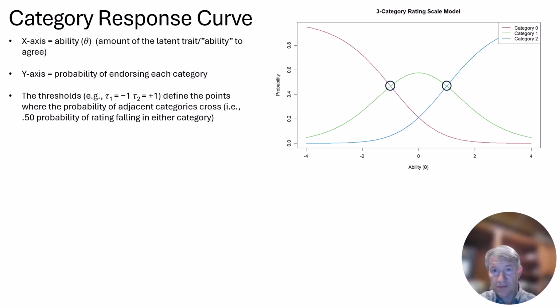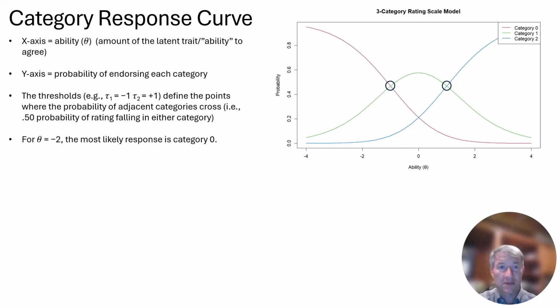So in other words, in the first threshold, there's a 50% probability of a rating of either 0 or 1. And in the second threshold on the right, there's a 50-50 probability of a rating either in category 1 or in category 2.